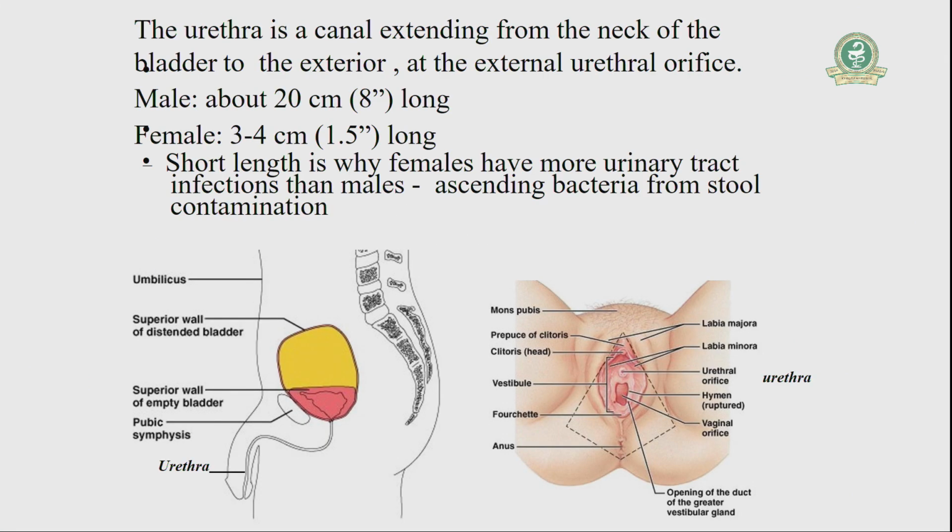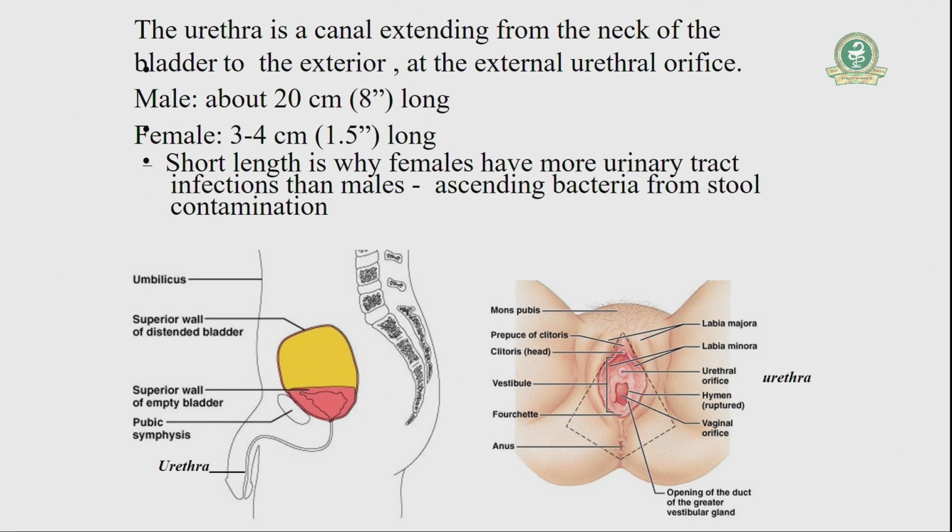The urethra. The urethra is a canal extending from the neck of the bladder to the exterior at the external urethral orifice. Male about 20 cm long, female 3 to 4 cm long.